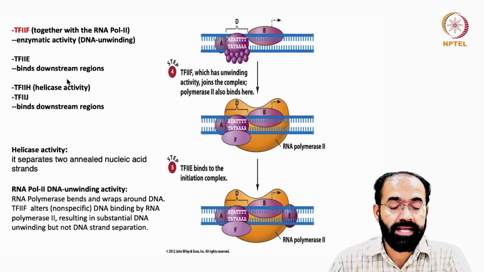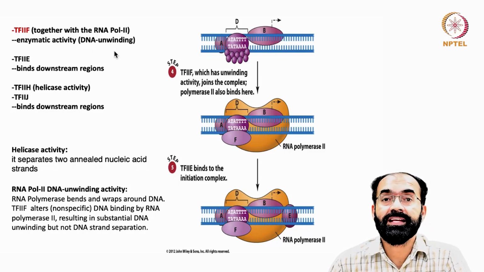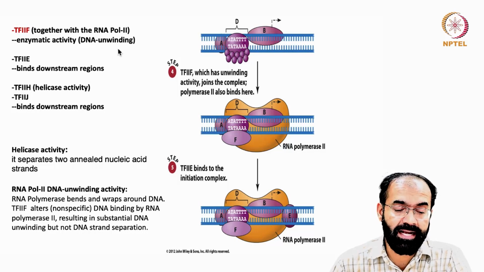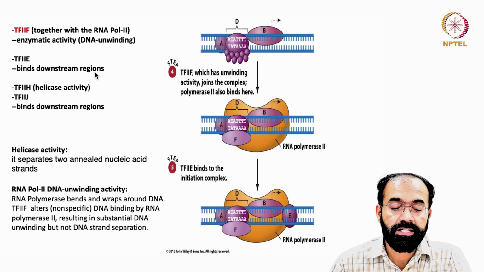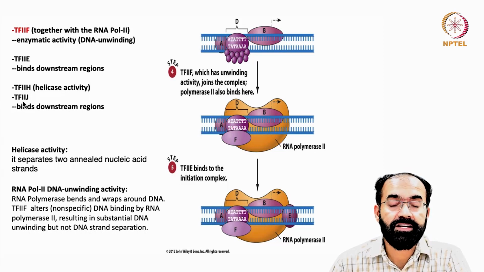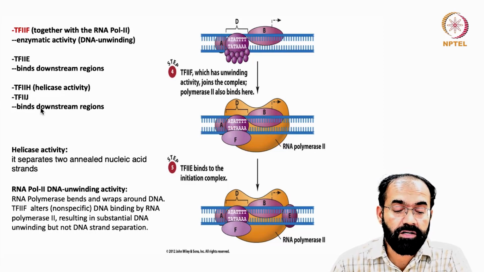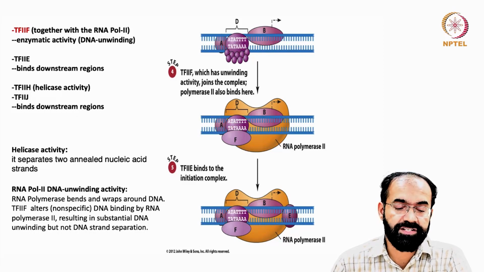And then TF2F together with the RNA polymerase II causes the enzymatic activity, that is the DNA unwinding activity. Then TF2E joins, that binds to downstream regions of the transcription initiation region. Then TF2H, which has got helicase activity, and then TF2J that has got a binding capability to the downstream regions.